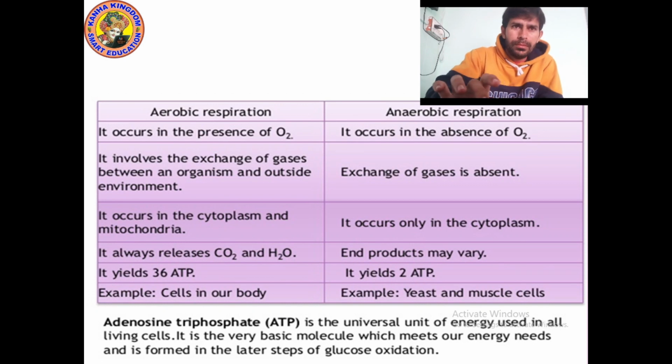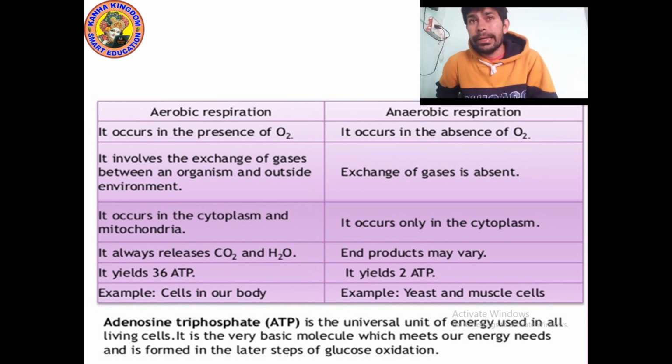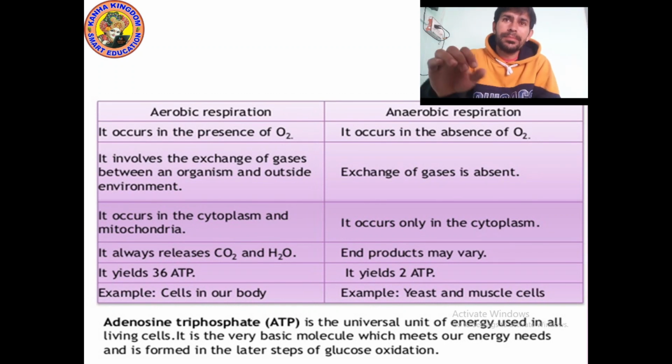Now as you can see on your screen, I have written the difference between aerobic and anaerobic respiration. Aerobic respiration occurs in the presence of oxygen, and anaerobic respiration occurs in the absence of oxygen.